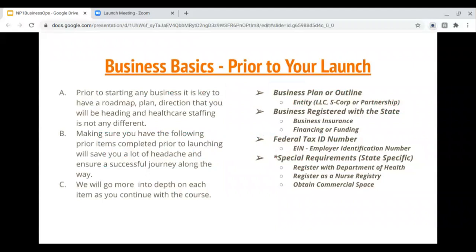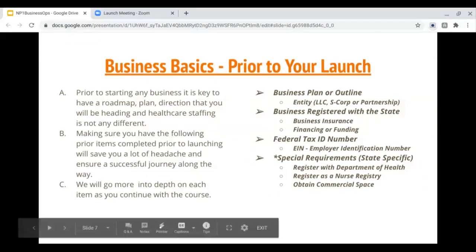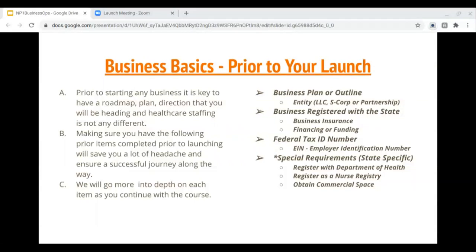So here are a few business basics. This is something that I try to touch on with people prior to them actually launching their agency. I know we're early on, so that's not where we are at this time, but I want people to be thinking about that as we get started. I know a few members here may have already started the process of creating their business plan.